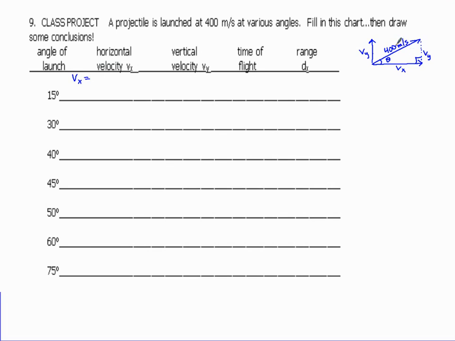Adjacent and hypotenuse tells me that I need to use cosine. So horizontal velocity is 400 times the cosine of 15 degrees, which comes out to be 386.37, and that is meters per second.